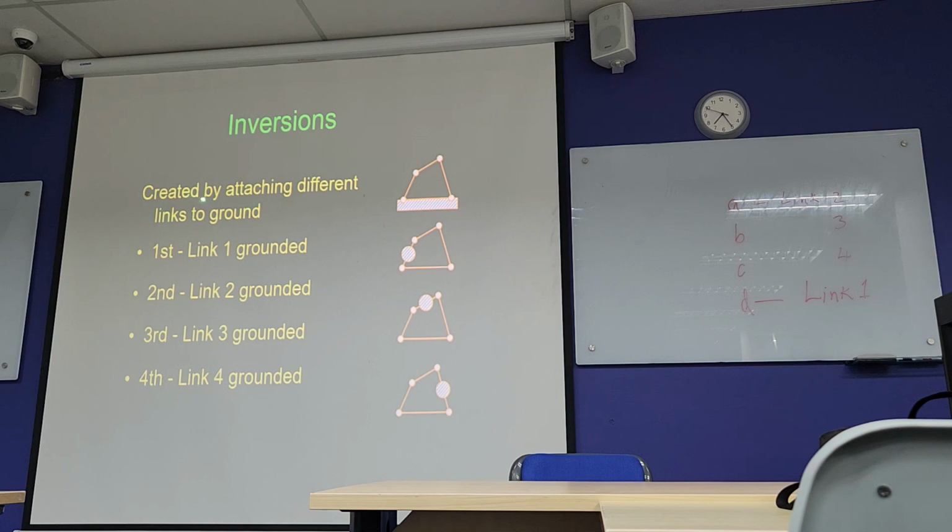This is created by attaching different links to ground. So when link 1 is the grounded link, and now in this case link 2 is grounded. This is the case when link 3 is grounded and link 4 is grounded. Depending on the type of mechanism given, any link can be grounded.